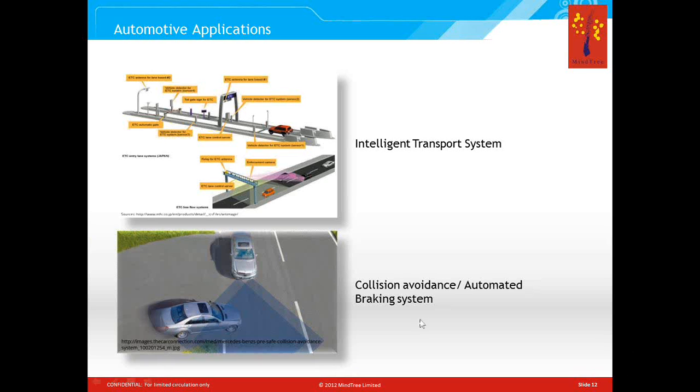One example of the smartness of smart devices is collision avoidance and automatic braking systems, which are available in high-end cars like Mercedes-Benz, where the vehicles can detect impending problems like an accident that is going to happen, and they can apply the brakes.